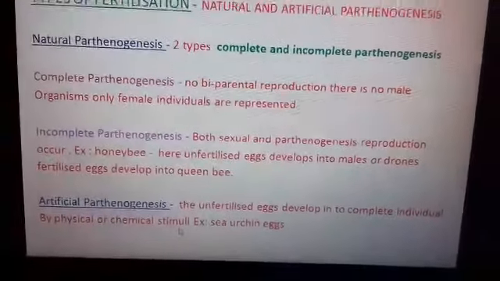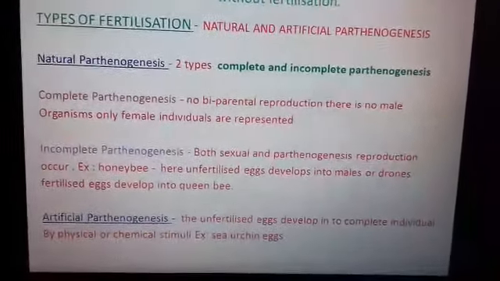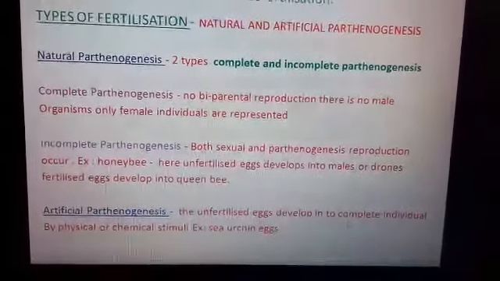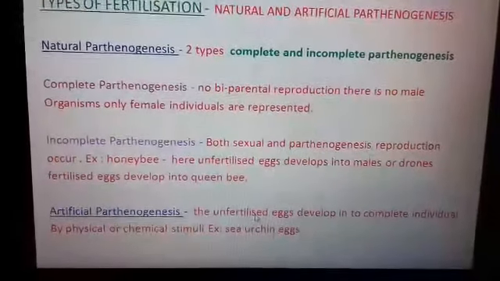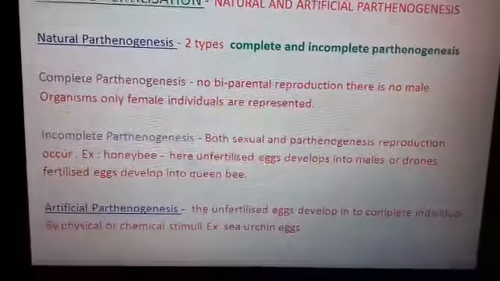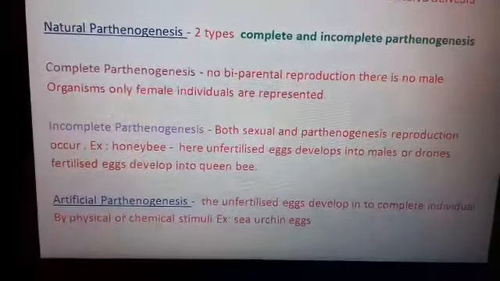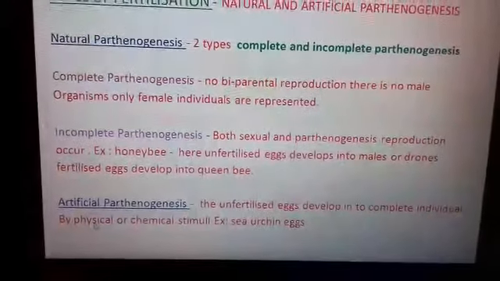That is, it needs an outside prickling or some other force from the outside, then only it will develop into a complete individual. But here it won't be fertilized, but the egg may turn into an individual. It may be some chemical substance or some physical contact to become an individual.